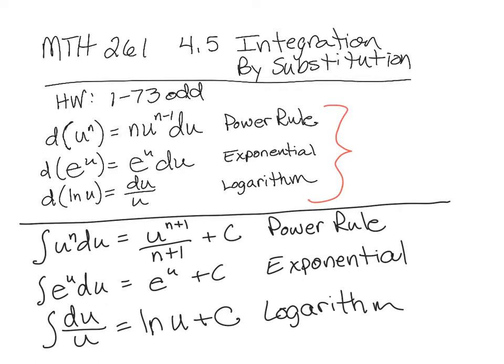Sometimes you don't have the necessary pieces to make a perfect du. So your job is to figure out what's missing and give it to yourself, because your job is to create the perfect du. Now I want to stop here for a second because your textbook does this in a very mechanical way.